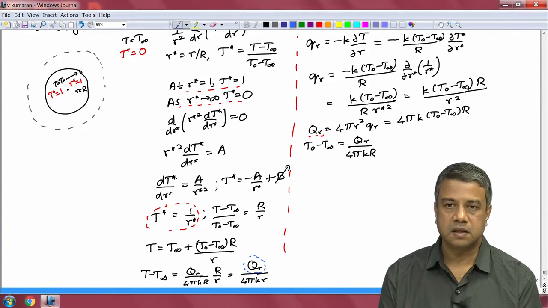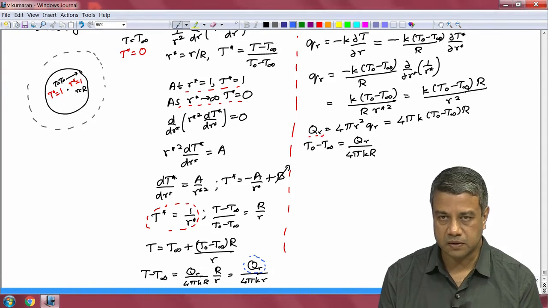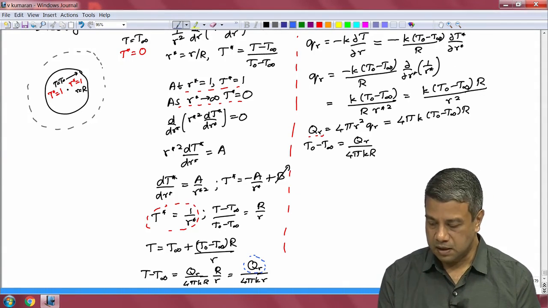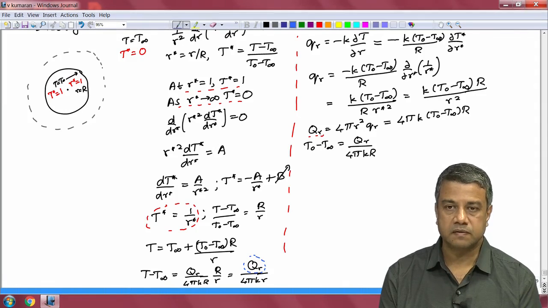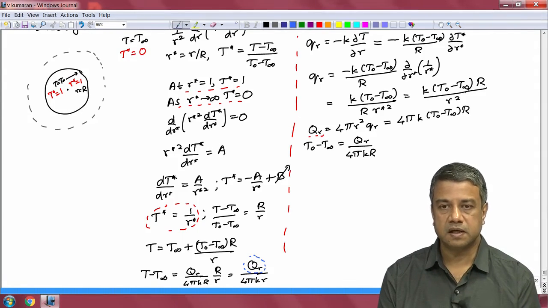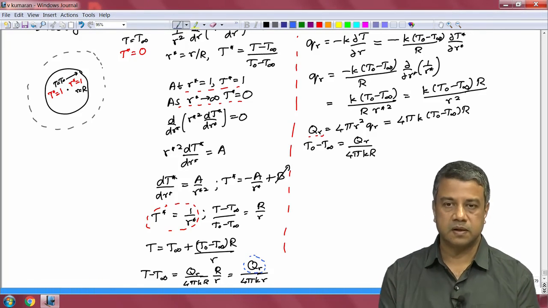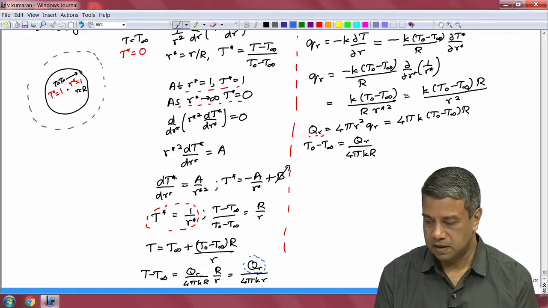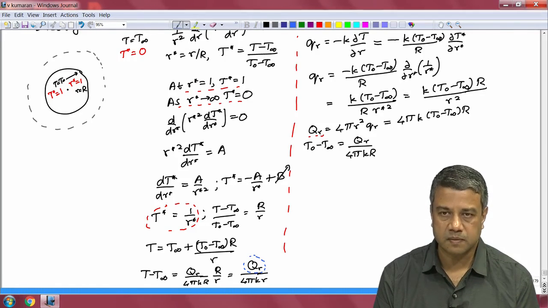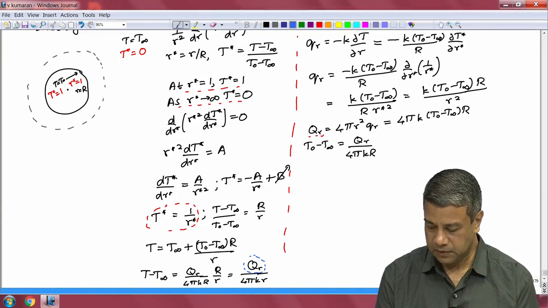So long as the distance from the origin is greater than the radius, the difference in temperature between the location r and infinity depends only upon the total heat transfer rate. If you had particles of different sizes, if the heat transfer rate is the same, then the temperature is the same at a location r from the origin. So, when expressed in terms of the heat transfer rate, the temperature becomes independent of the particle radius for a spherical particle.